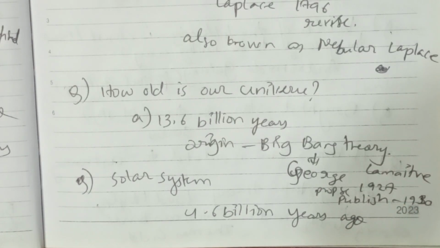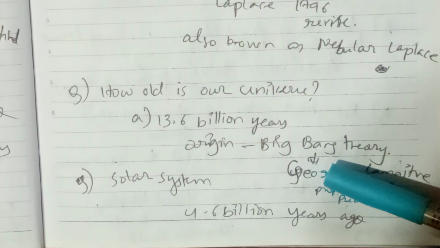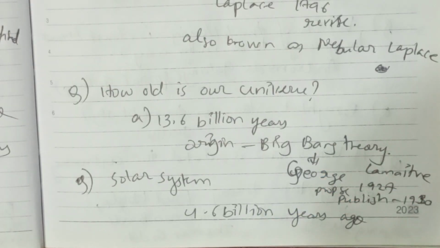That is why it is also known as the Kant-Laplace nebular hypothesis. How old is our universe? 13.6 billion years. Origin: Big Bang Theory, proposed by Georges Lemaitre in 1927 and published in 1930. Solar system: 4.6 billion years ago.